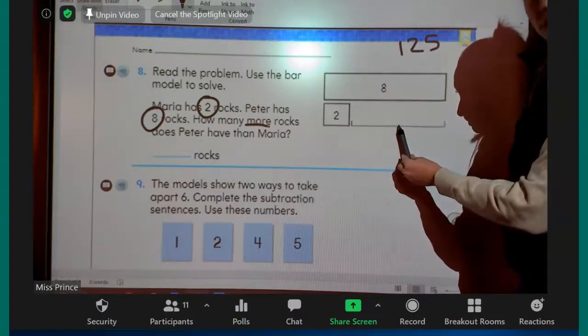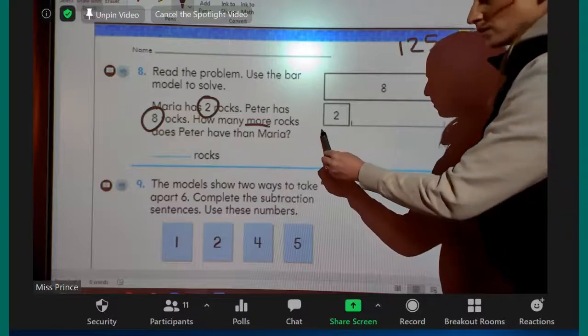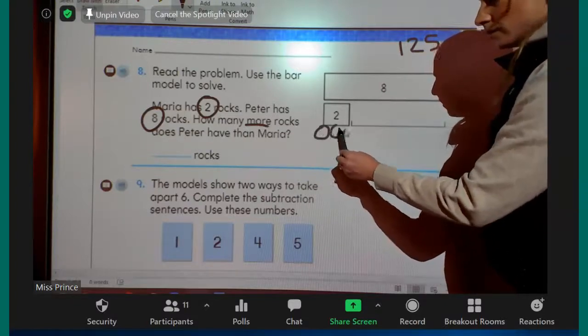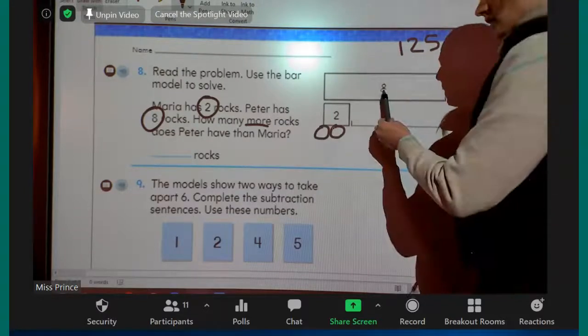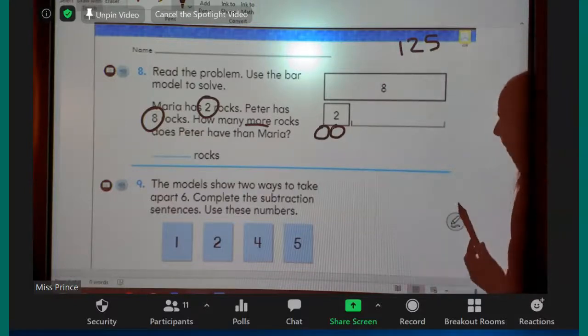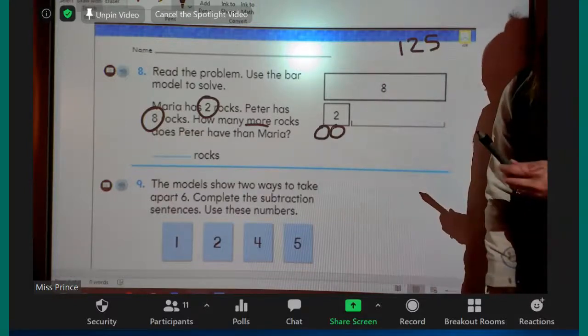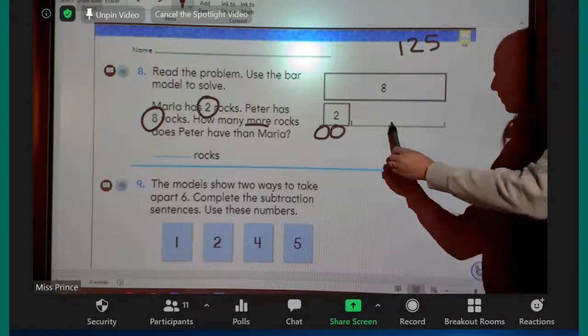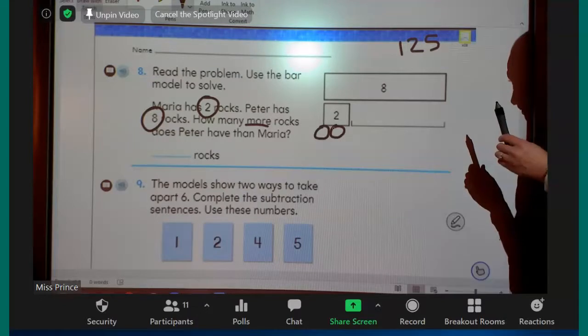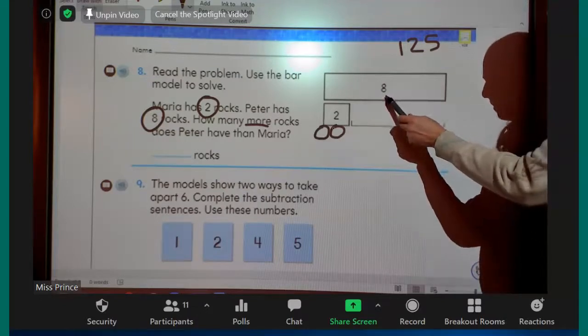Our mystery number is here. So I'm going to draw my 2 circles under the 2. But now I need to keep going until I get to 8. So I'm not going to start over counting. I'm going to keep on counting until I get to 8. I want to make sure I draw the rest of my circles under the mystery. So we're going to keep counting until we get to 8.